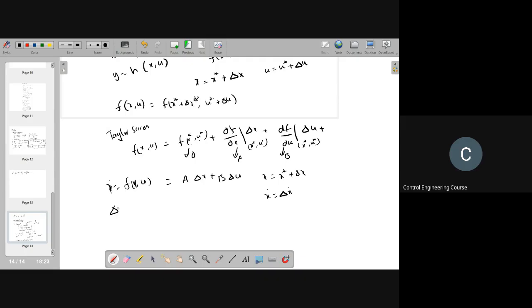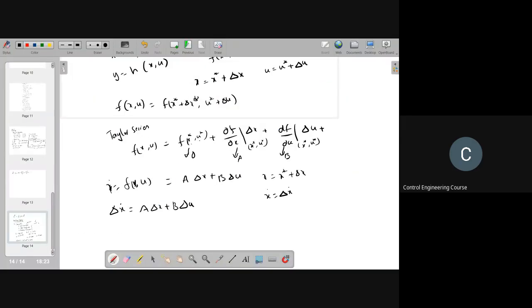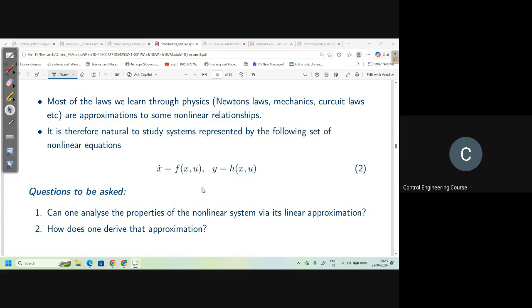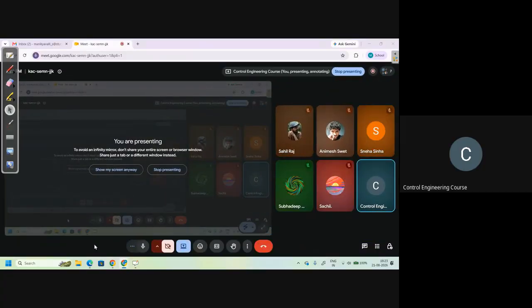So delta x dot is equal to A delta x plus B delta u. Are you getting it? Is it clear?